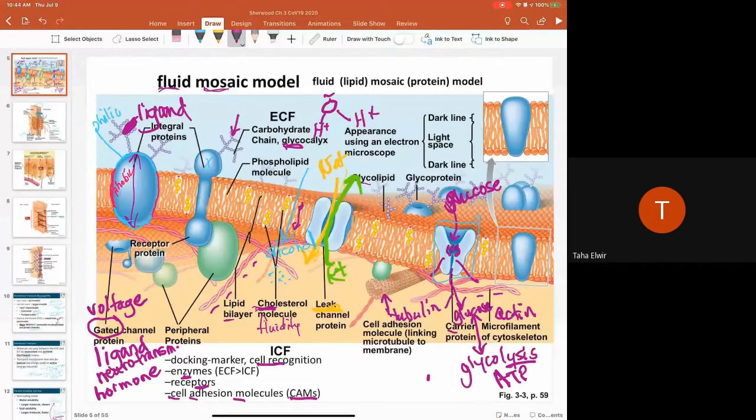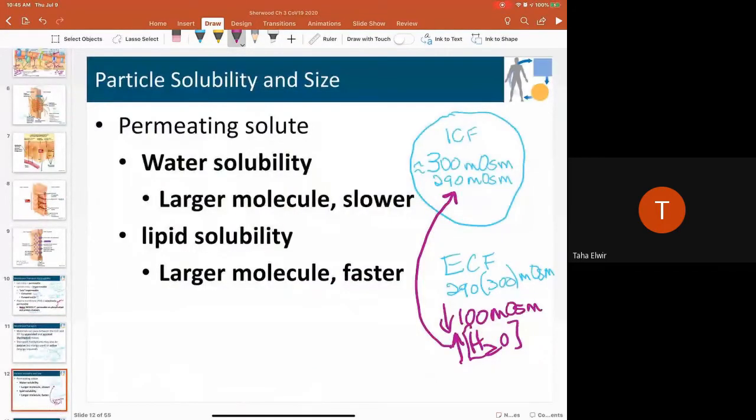So how fast that's going to happen depends on how great a concentration gradient there is.